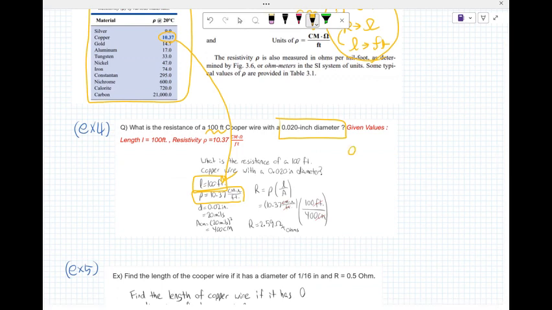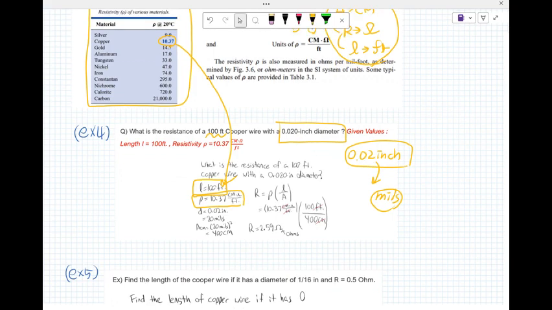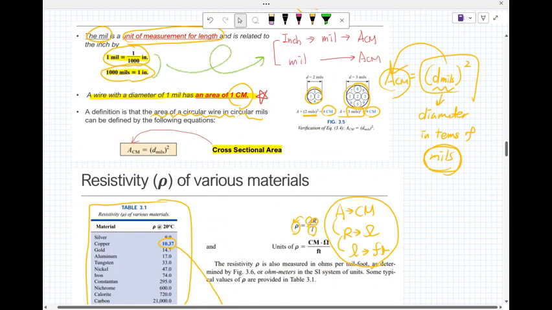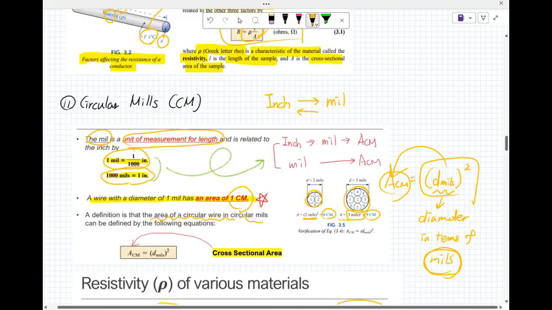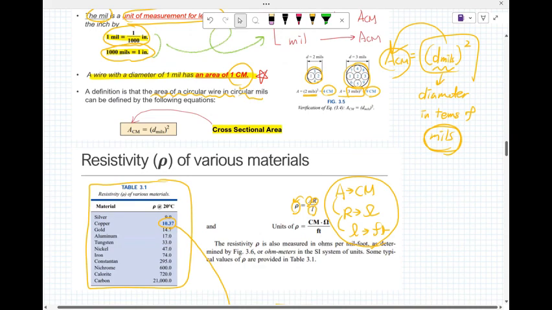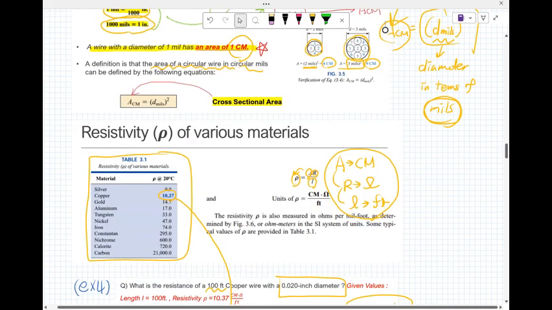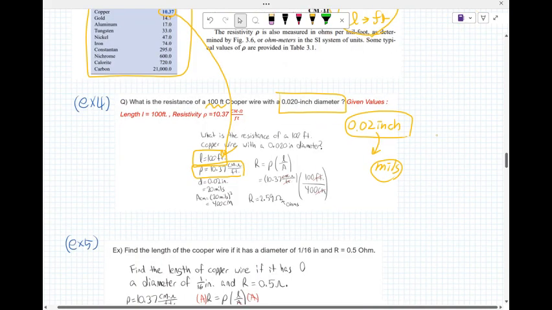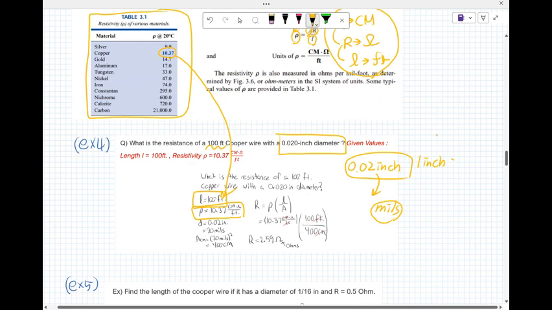Now 0.02 inch should be changed to mils. How? Go back to the slides: 1 inch is 1000 mils.